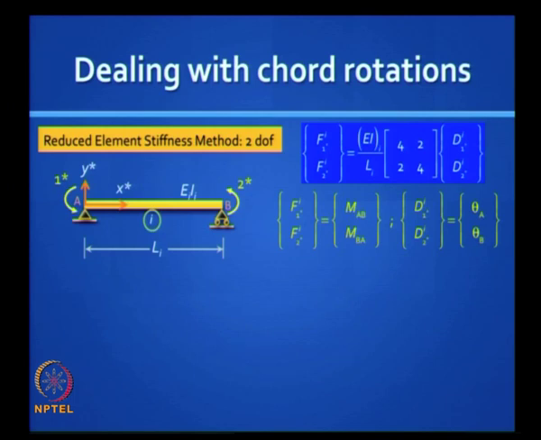So how did we manage in the slope deflection and moment distribution methods? Chord rotation, that is right, we use chord rotation. So normally if you do not have chord rotation, your interpretation in this element AB is MAB is F1 star, MBA is F2 star, theta A is D1 star, and theta B is D2 star.